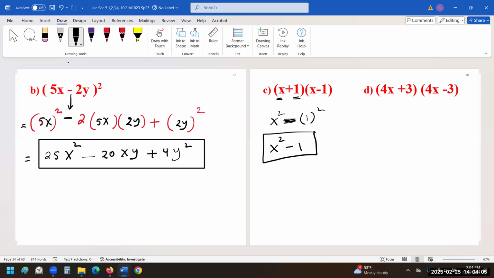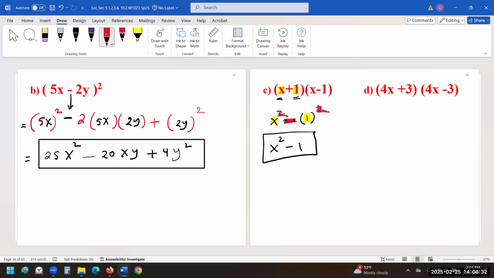That's it. You don't have to use FOIL. All you have to do is take your first term, x, square that, take your second term, square that, and always subtract. So square both quantities and then subtract them.